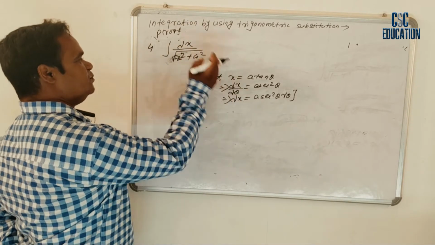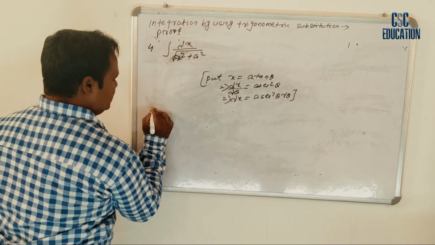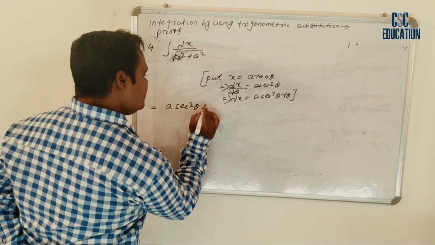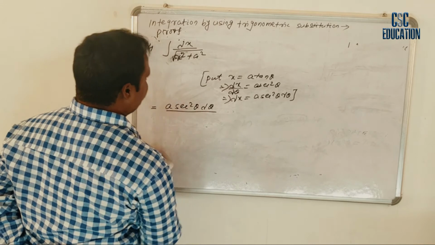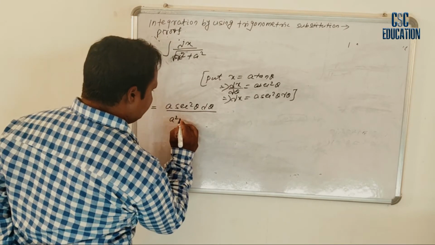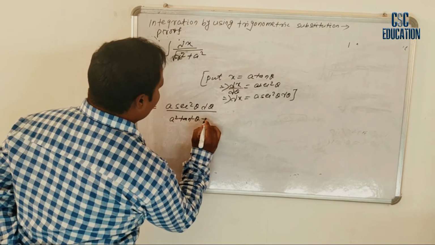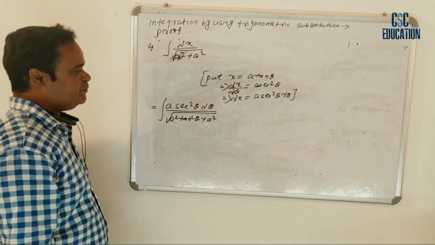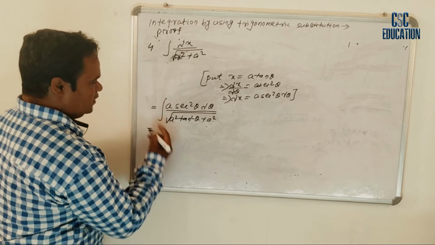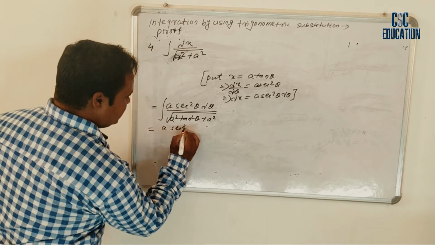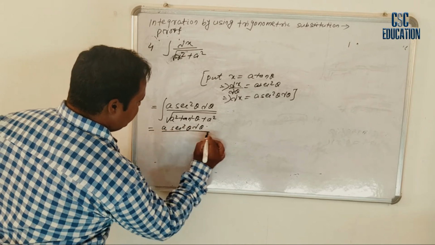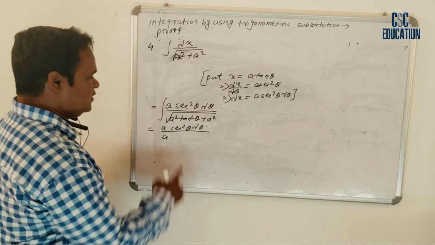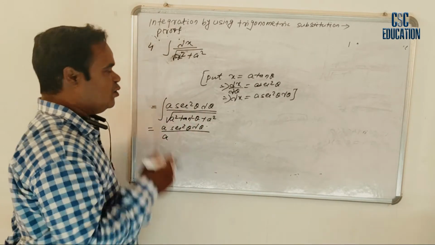Substituting this value, dx equals a sec square theta d theta divided by the square root of a square tan square theta plus a square. Taking a square as the common factor, the root is a times the square root of tan square theta plus 1, or 1 plus tan square theta.